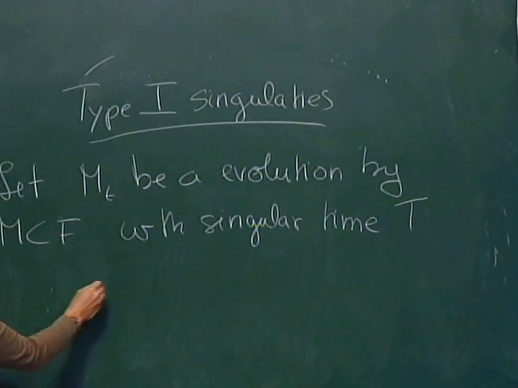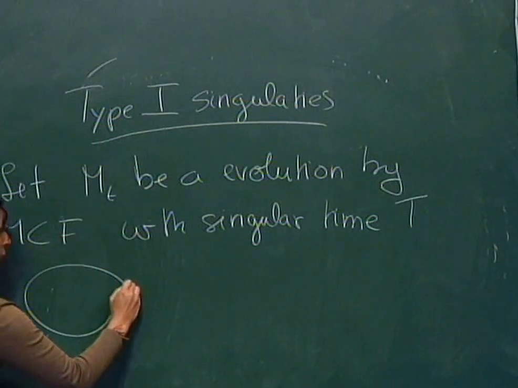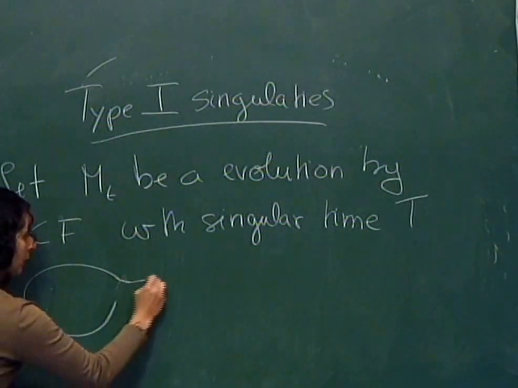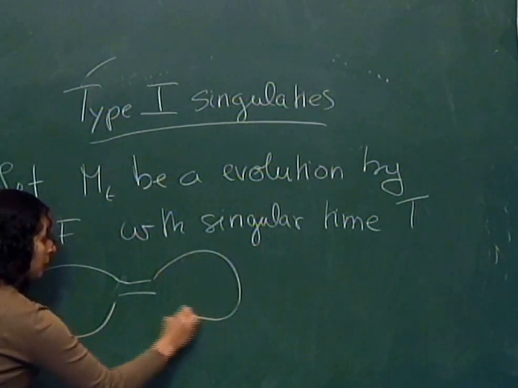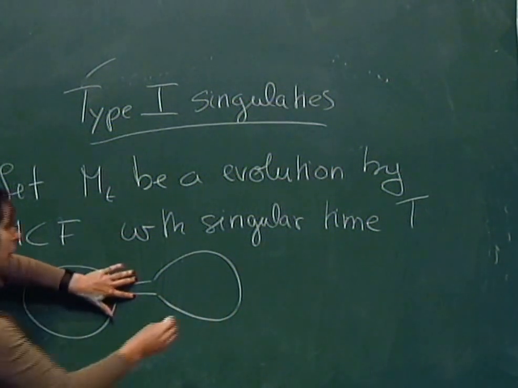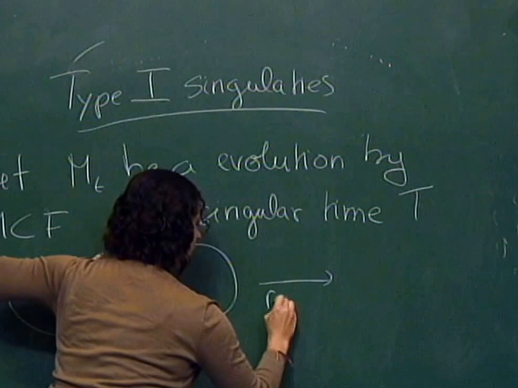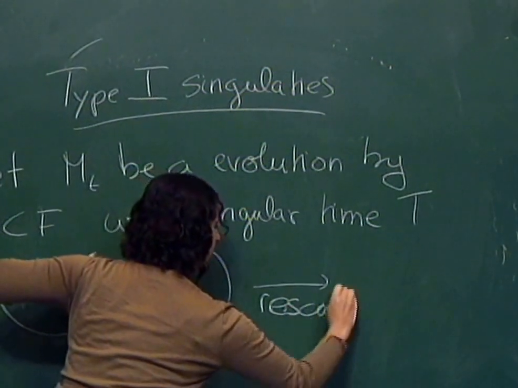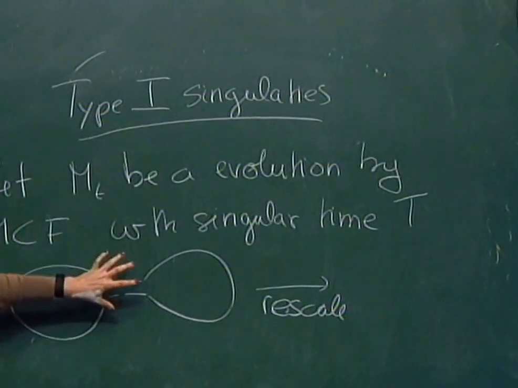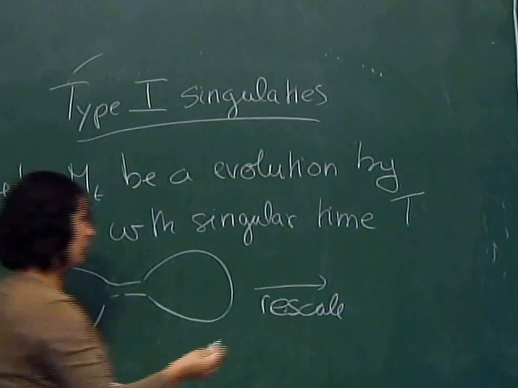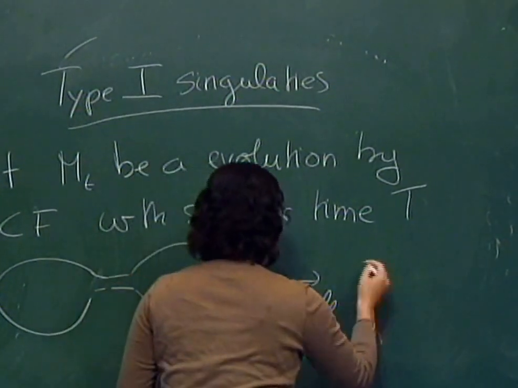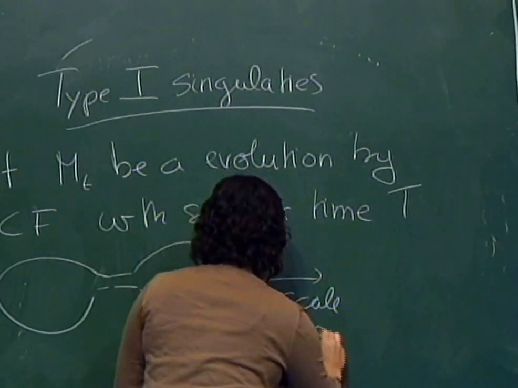For instance, in my example there, I have something that has a very thin neck at some point maybe, and what I want to do is rescale and make it bigger so I can understand how it looks. Scale to see the singularity.